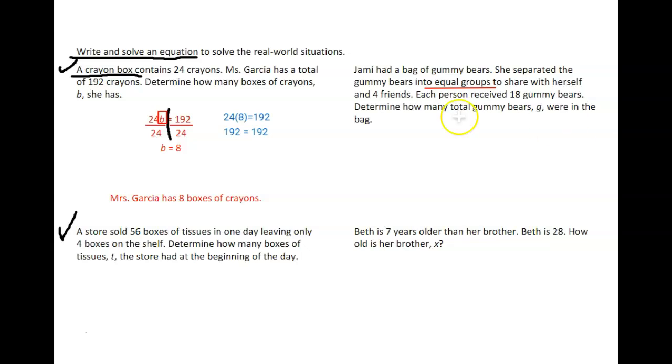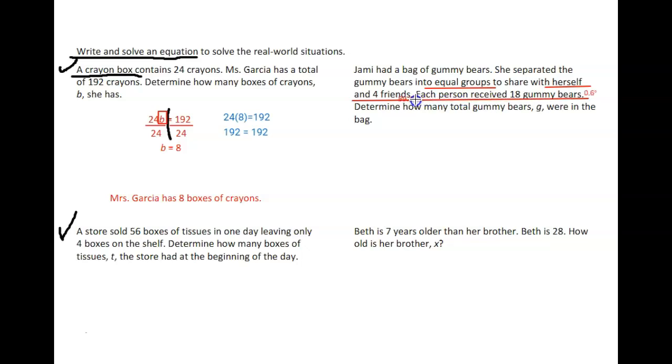She is going to share the gummy bears with herself and 4 friends. So how many people are we splitting these gummy bears between? How many groups are we going to have? Think about that sentence. It says each person received 18 gummy bears.